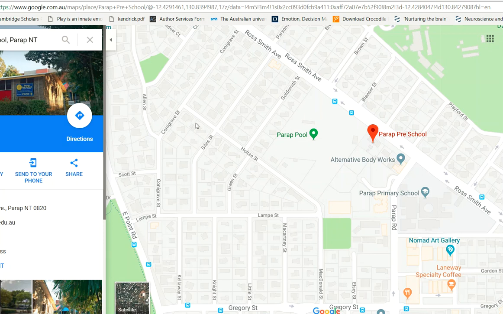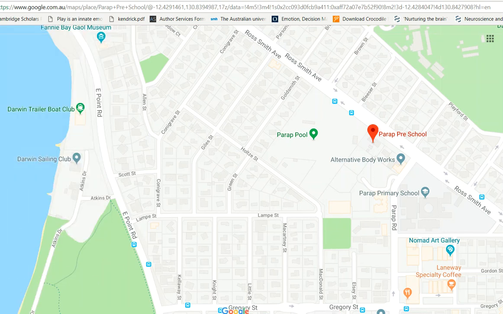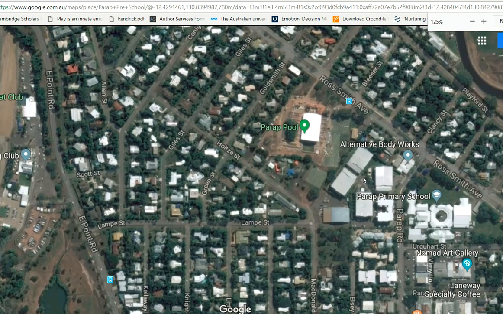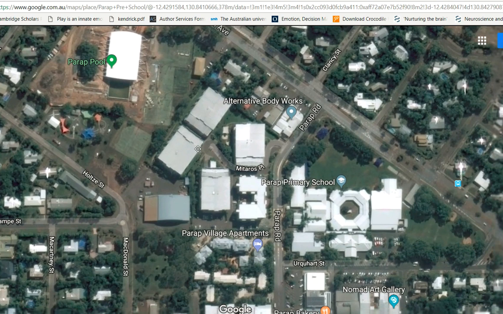I am in this view, and now I want to go to satellite view. Don't ask me why, I've worked on it before. Anyway, this is lovely. And this is the perhaps pool and perhaps school somewhere here. Great. And we can actually explore our community.